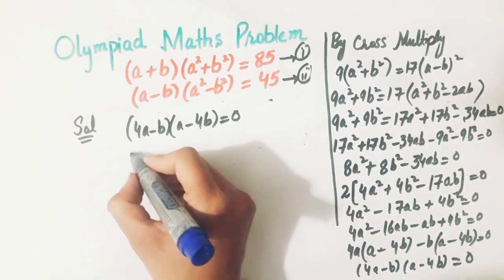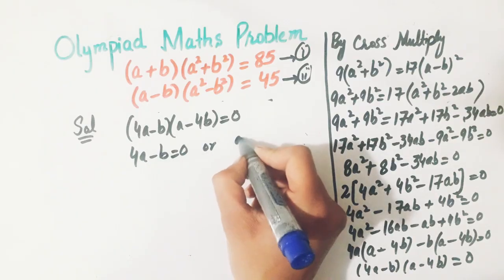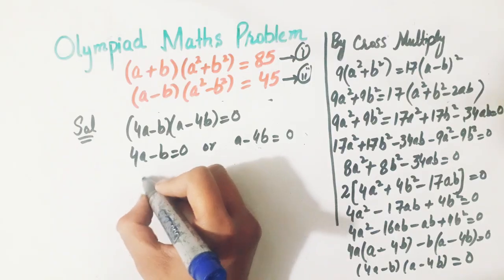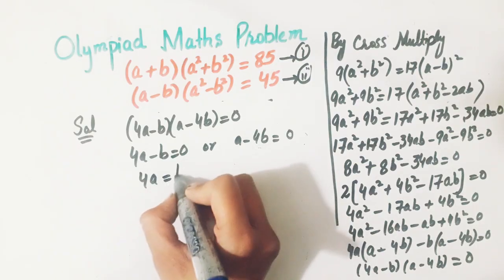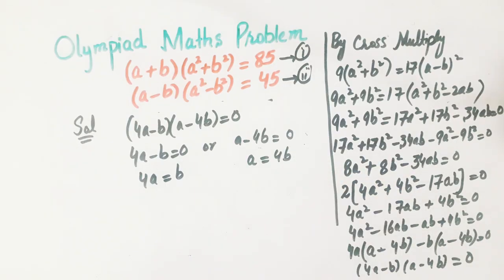So we write 4a minus b equals 0 or a minus 4b equals 0. This implies b equals 4a and a equals 4b. So these are the values.